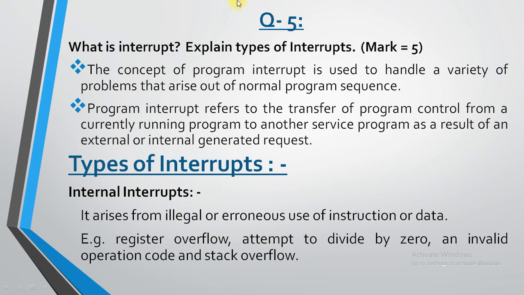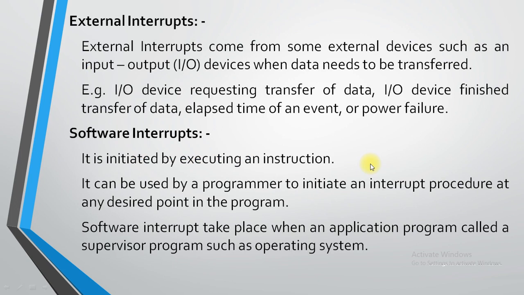The second type of interrupt is external interrupt. The external interrupt comes from external devices such as input and output device when data needs to be transferred. So when you are trying to transfer your data using either input or output device, at that time some external device is responsible to generate external interrupt.